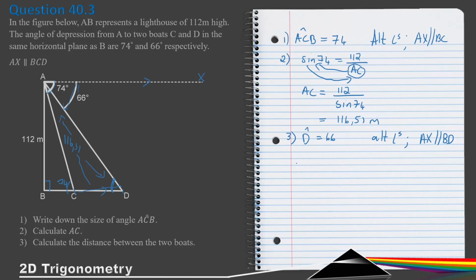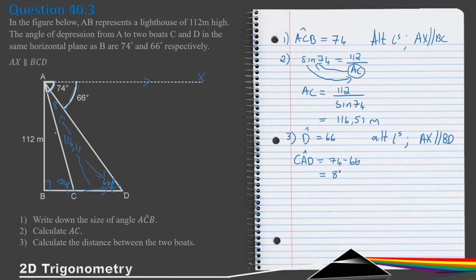That angle is called CAD. So CAD is equal to the bigger angle, 74, minus the smaller angle, and that is equal to 8. And then we have everything we need.